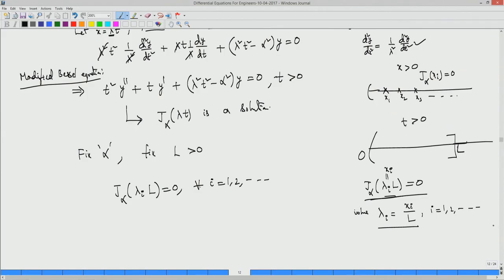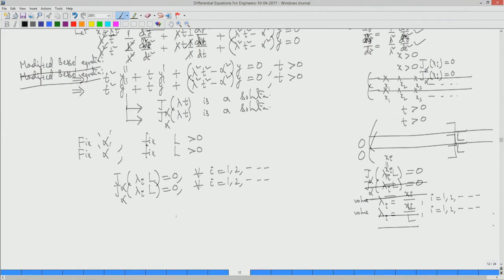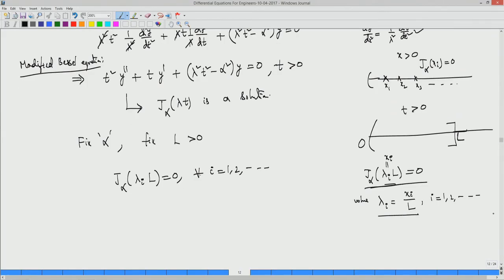So, lambda i's are this. You see that if I fix the domain L and if I fix my alpha, I have infinitely many functions. What are those functions?